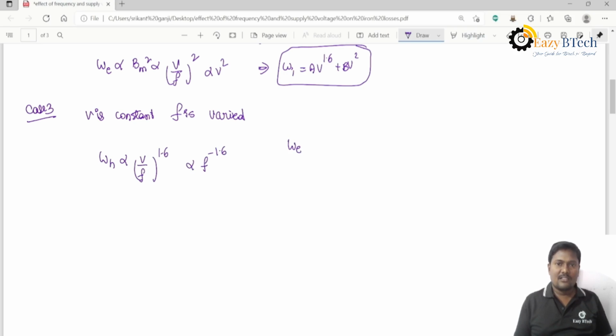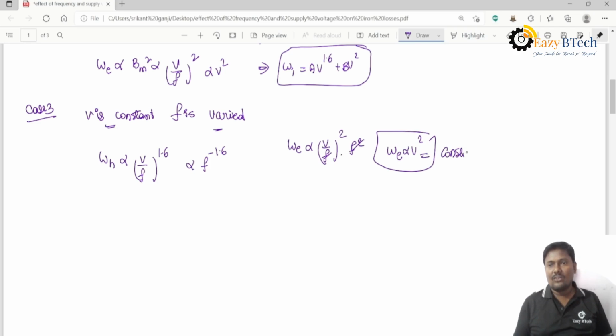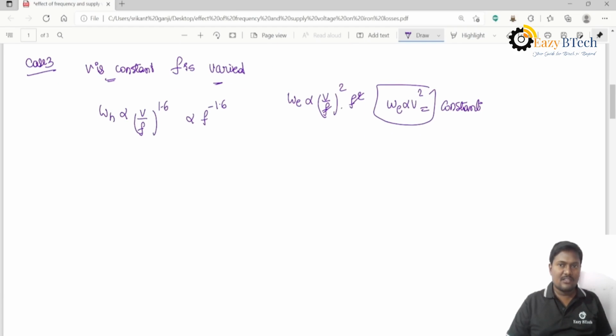The eddy current loss is directly proportional to Bmax² f², that is V by f whole square into f². The frequency is cancelled, and the eddy current loss is directly proportional to V². Since the voltage is constant, the eddy current loss is constant when the frequency is varied.